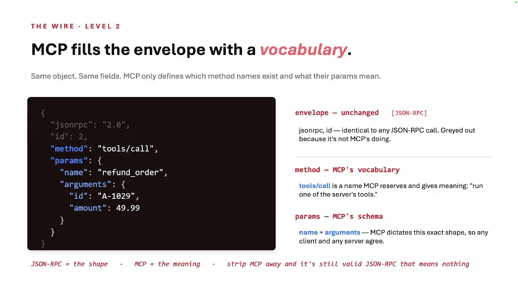The params is a JSON payload that was optional, but it is going to be there with name and arguments. So basically MCP only defines which method names exist and what their parameters mean. The payload structure, the schema of the payload, is the same as JSON-RPC. It's just the key values have changed. The key values are MCP's vocabulary.